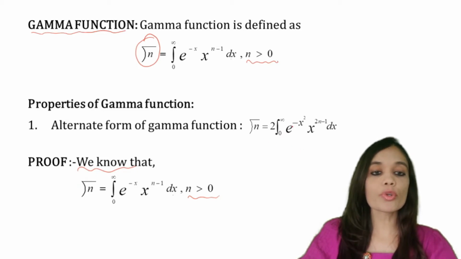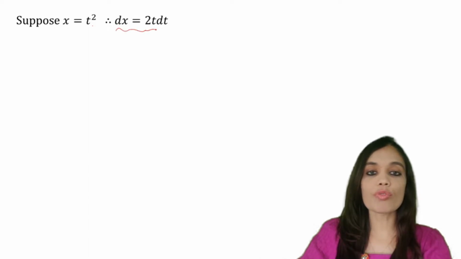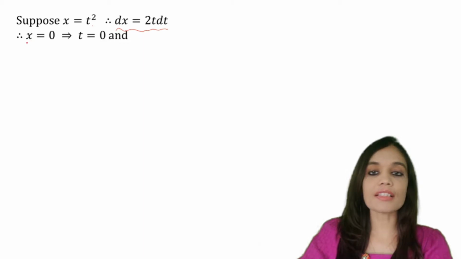Now in order to prove this, we will suppose our x as t square. Therefore our dx will be equal to 2t dt. Now our limit of x starts from x equals 0.